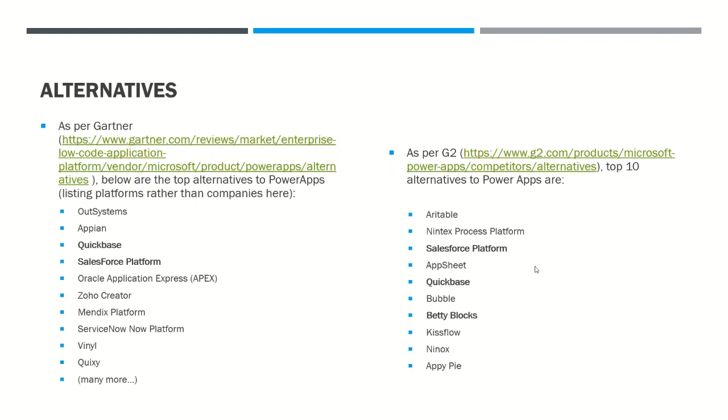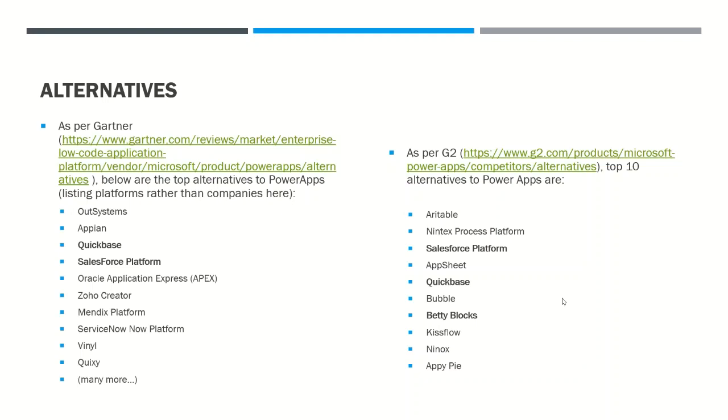But at the end of the day, it comes down to familiarity, resource availability, and price. Salesforce probably sells for $70 per user per month. QuickBase is common here, Salesforce is common here. Betty Blocks is common in the sense that it was in the Gartner list in 15th, 20th place.